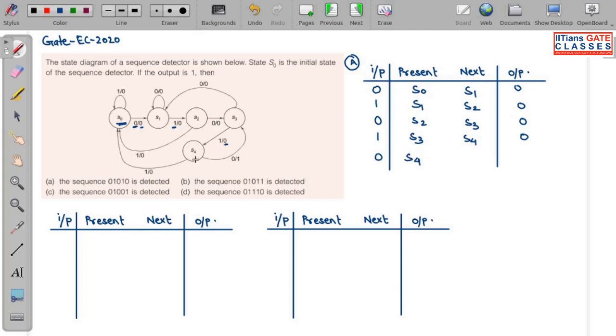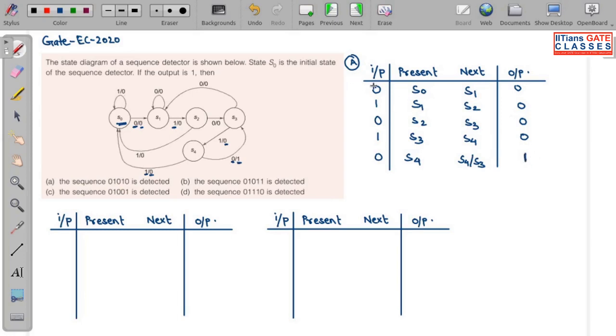When input is 0, you can see the counter either moves to S0 or it moves to S3, both of them having input as 0. But you can see your output is 1.